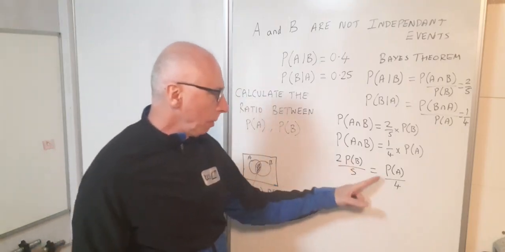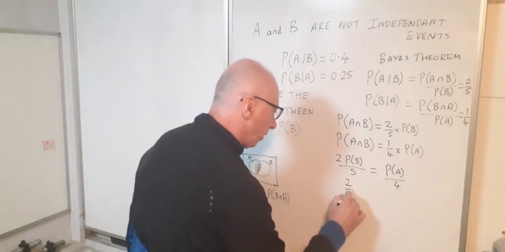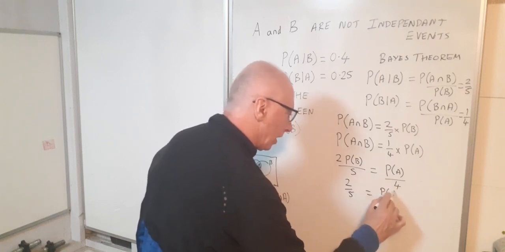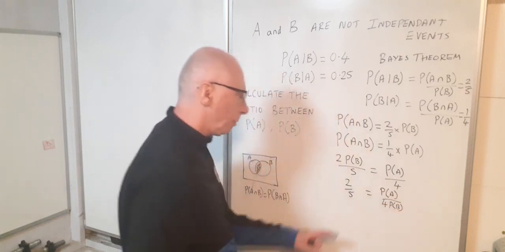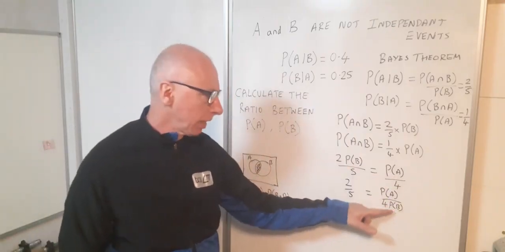So if I bring the probability of B to this side, I will have 2/5 equals the probability of A over 4 times the probability of B. So basically just divide both sides by the probability of B.